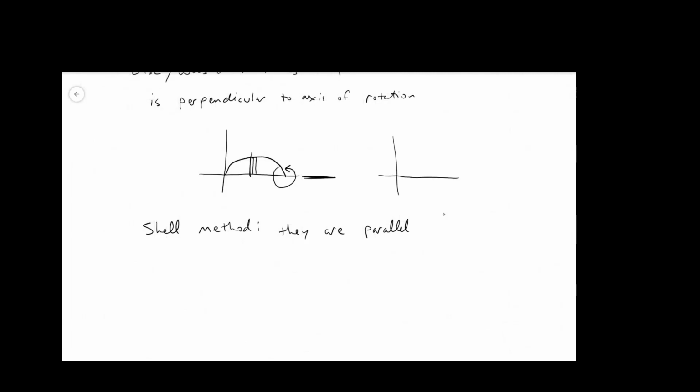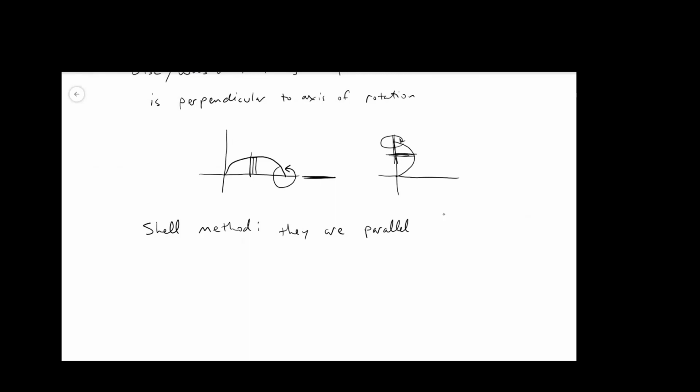Suppose we had a function like this, and we're revolving it around the y-axis, right? Then we would be using horizontal rectangles, and again, rectangle this way, axis this way, perpendicular, right?